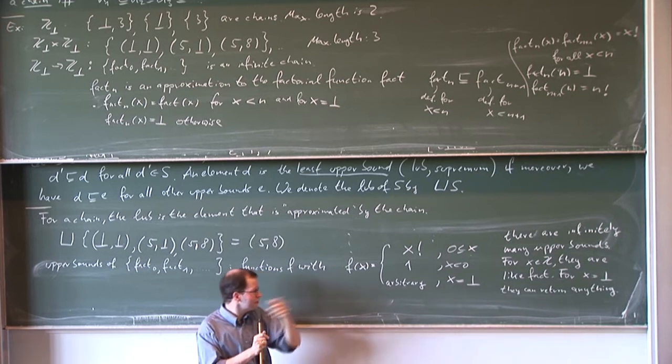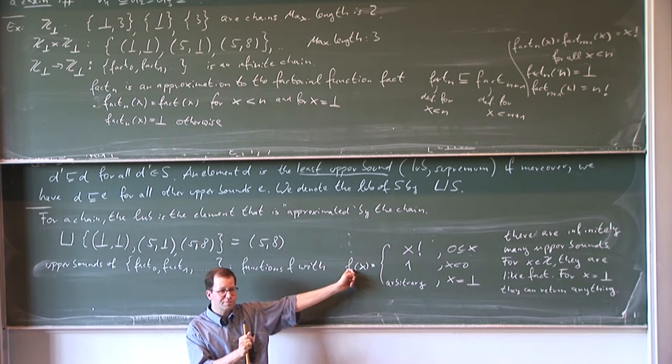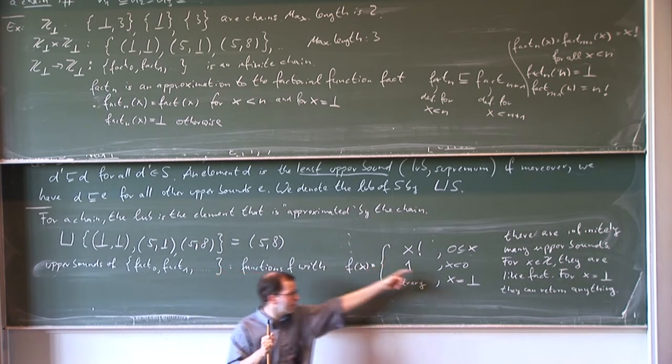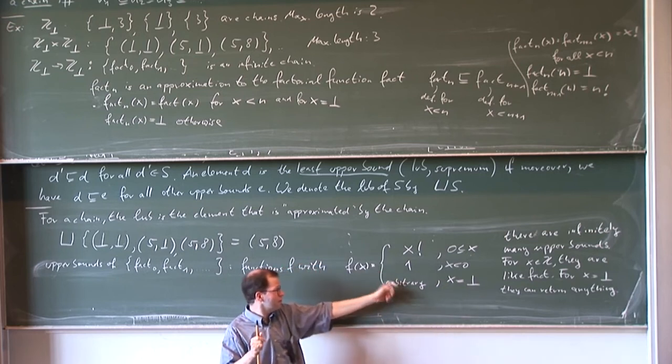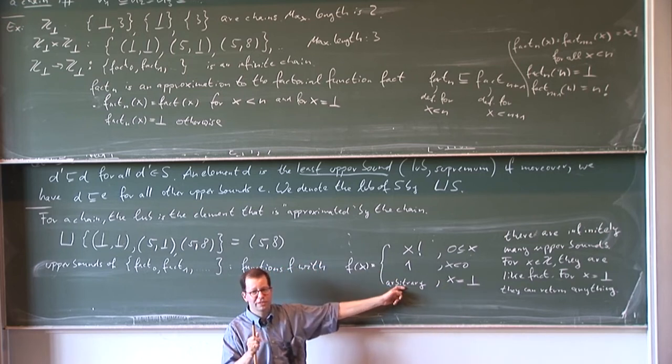The least upper bound must be the smallest of all these f's. Now, these f's are all the same for integers. They only differ on the bottom element. And if you want to have the smallest f, then here you should take the smallest result. The smallest result is bottom.